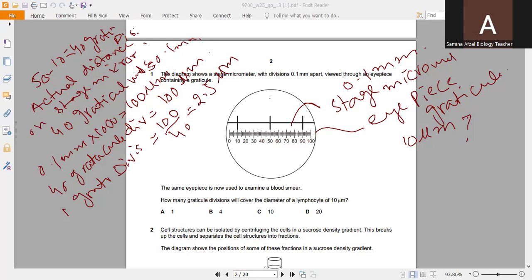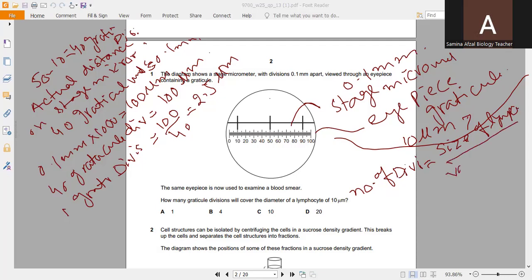Now we have to find the number of divisions for a 10 micrometer lymphocyte. The formula is: number of divisions is equal to size of lymphocyte divided by value of 1 division.